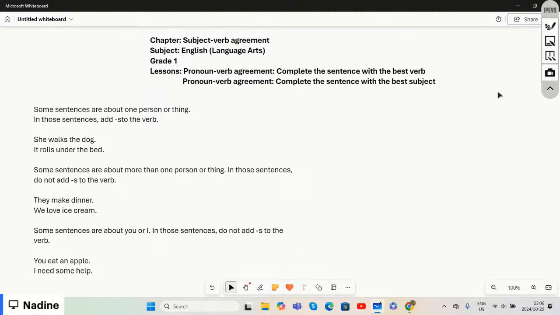So if our subject is singular, then our verb also needs to be singular.